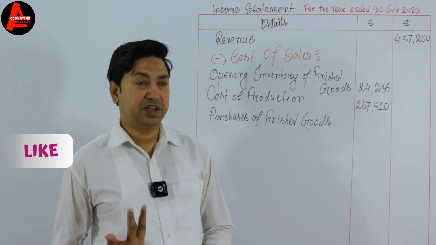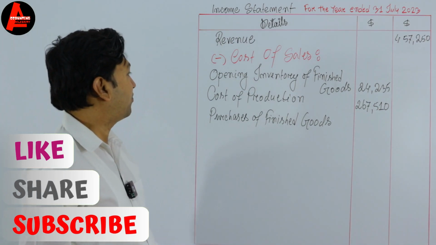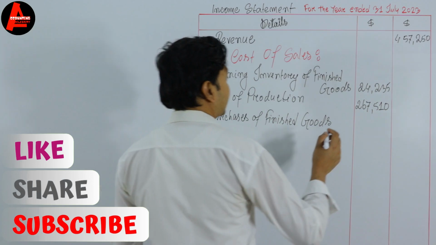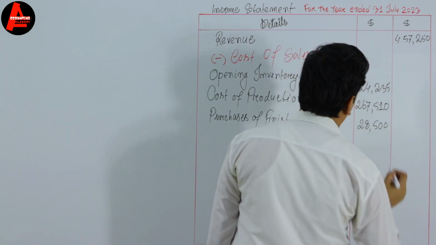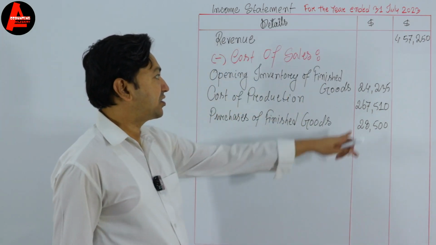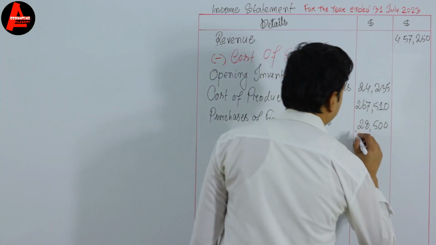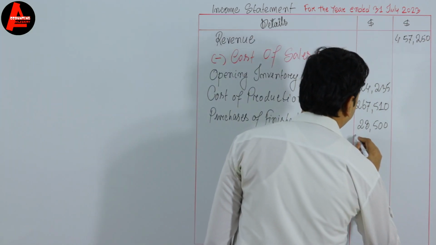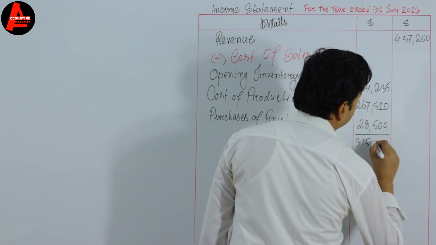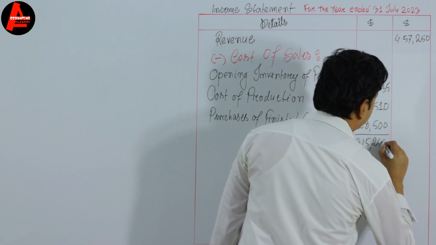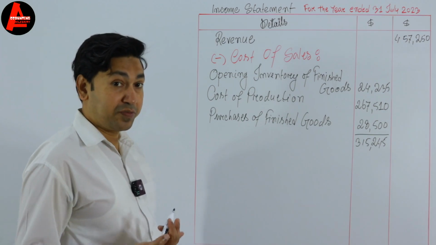Purchase returns must be subtracted. So first we write purchases of finished goods, $23,500. Now we add all three amounts. What do we get if we sum up all three? Here we get $315,245, the total.